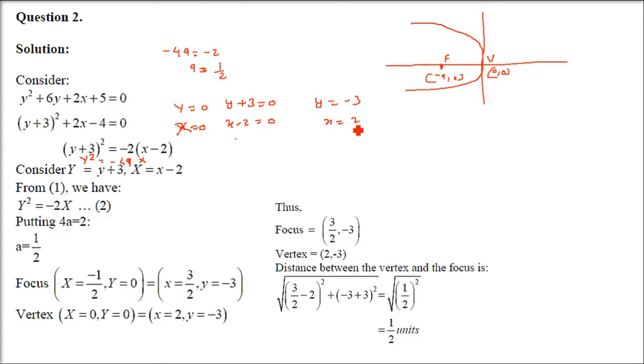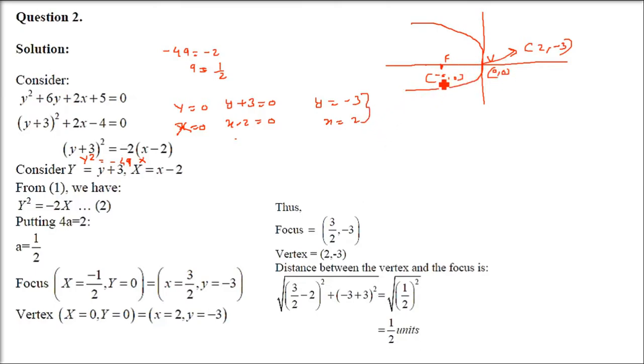So 2 and minus 3 is the vertex, because in default terms it would be 0, 0. So y plus 3 equals 0, x minus 2 equals 0. So y is minus 3 and x is 2. Let me write it here. 2 and minus 3 is the vertex.